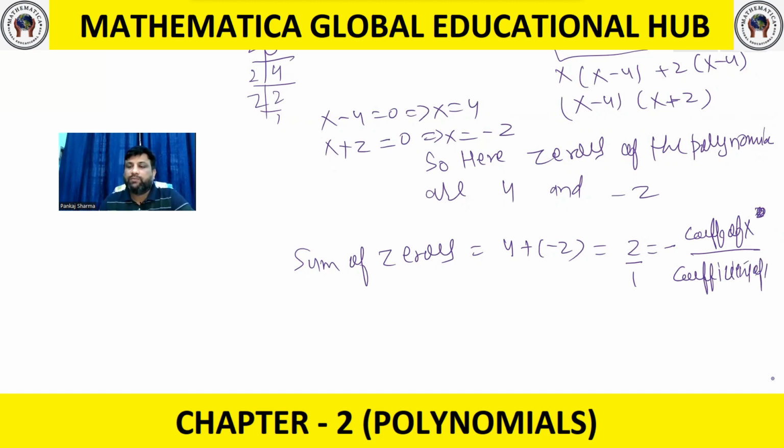Yes. So that is equal to minus of b divided by a, because b is given as minus 2. So minus of minus 2 is 2 divided by a, and a means 1. So we can say that sum of zeros is minus b by a. Similarly, product of zeros.